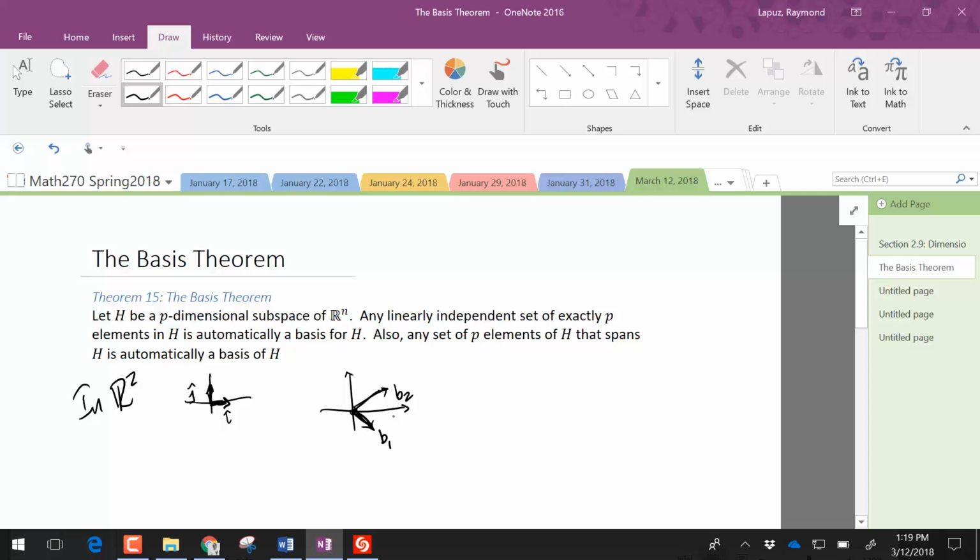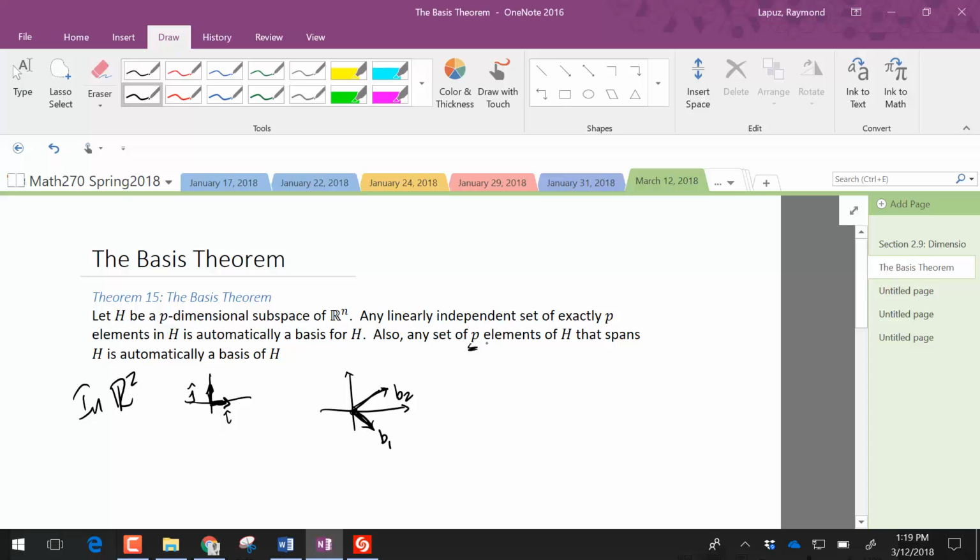So this says that if you're in R2 and your subspace spans all of R2, then any 2 linearly independent vectors can be set as your new basis. Also, if these 2 span everything, then they can also be a basis, because there are only p elements, and that's exactly the dimension.